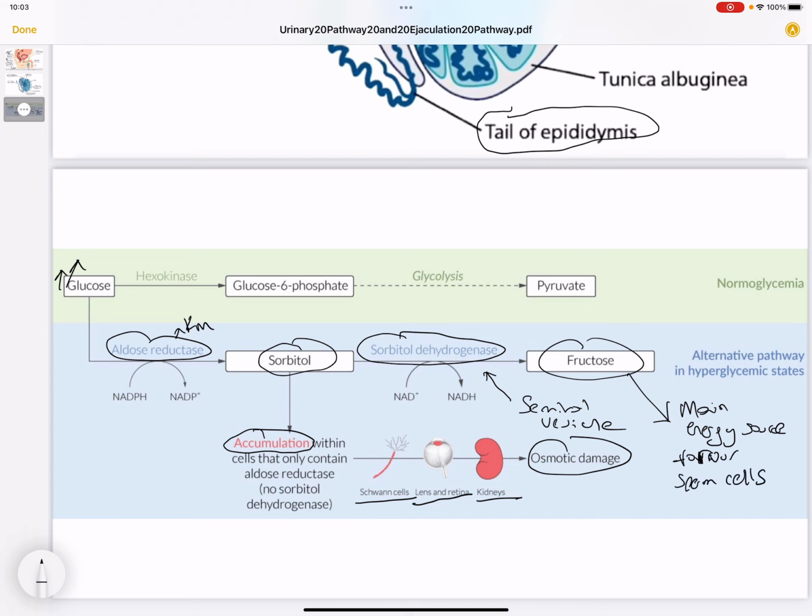This is very high yield to know for USMLE Step 1. Fructose is the main energy source for our sperm cells. Fructose is used for the motility of our sperm cells. Therefore, it is going to be extremely important for our sperm cells to be normally functioning.